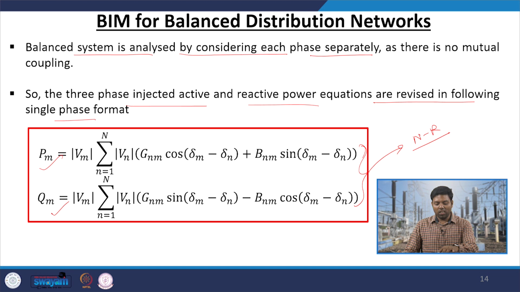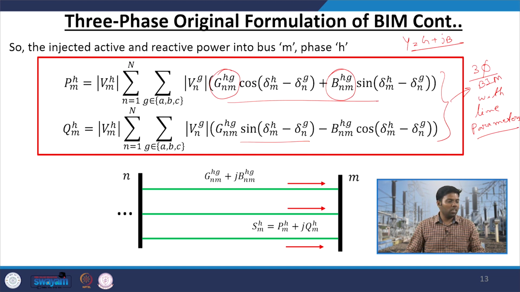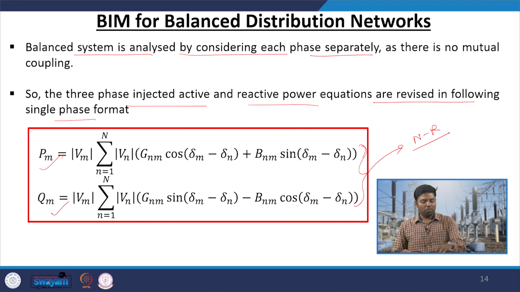But for the distribution network, if you really want to consider the unbalancing effect, then you have to take these equations where you have mutual coupling components. This hg is the mutual coupling between two phases of two buses. That means it represents that the mutual coupling is there between phase h of bus n and phase g of bus m. So, these mutual couplings you have to consider if you go for an unbalanced network model.